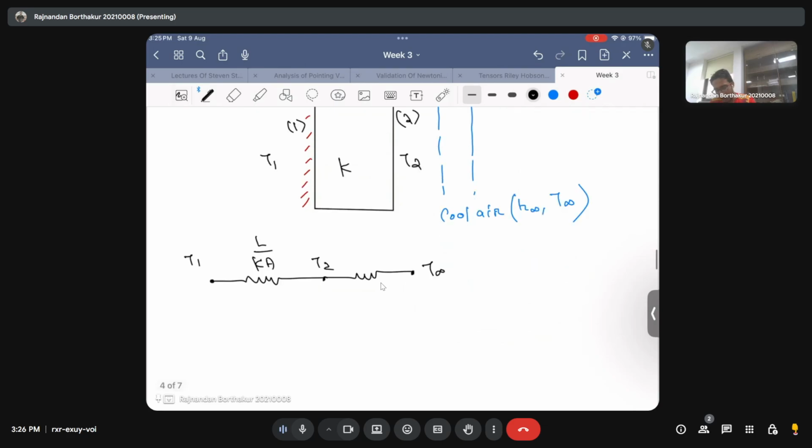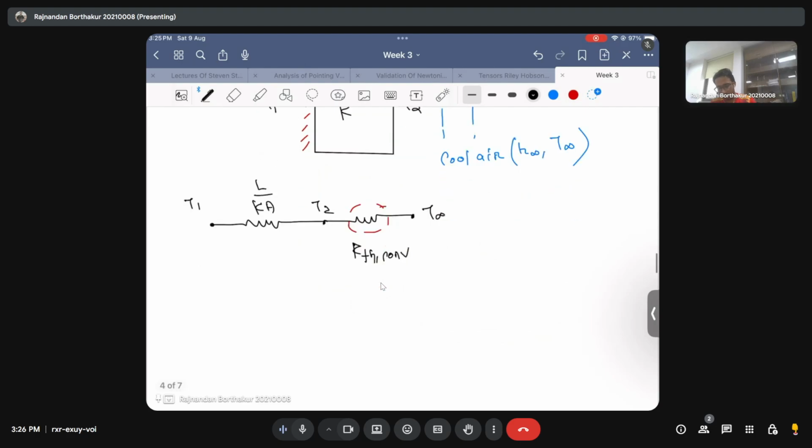Now the extra resistance that I have drawn is known as your RTH of convection, and as the name suggests, this is the resistance due to convection.